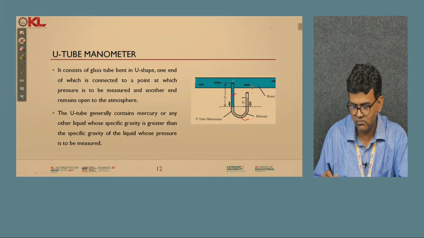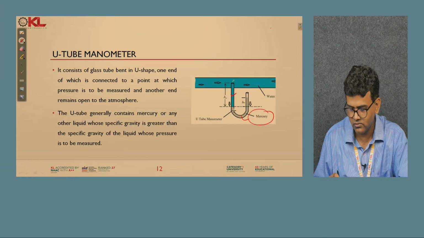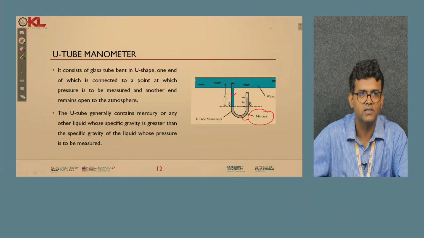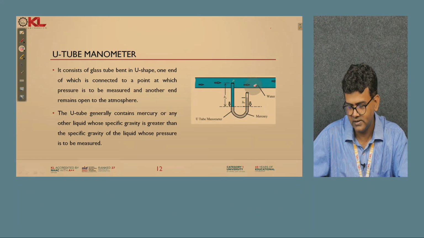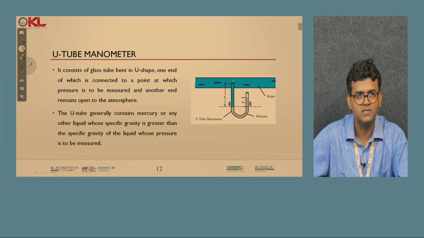Generally the other liquid in the U-tube manometer is mercury. However, it is not always necessary.